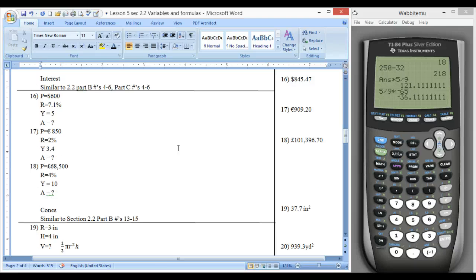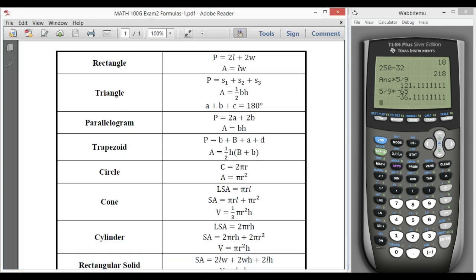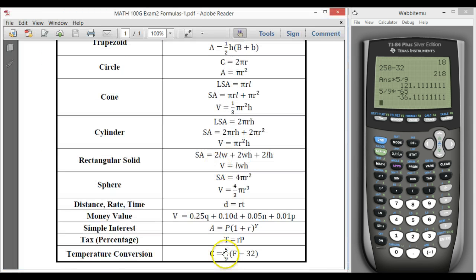This is talking about interest, which you will deal with a lot in Math 108. This is the simple interest formula given to us in our sheet, closer to the bottom. A stands for amount final, and I like to say it like that because then I know that the A is there.